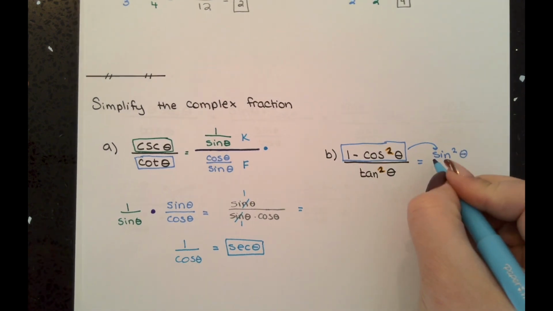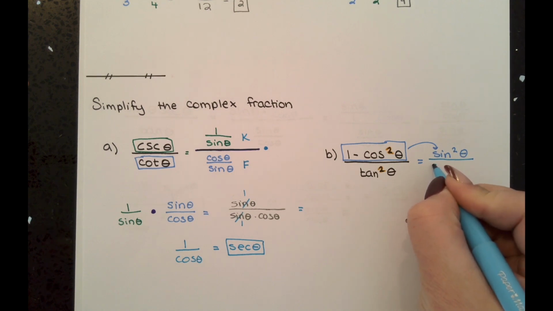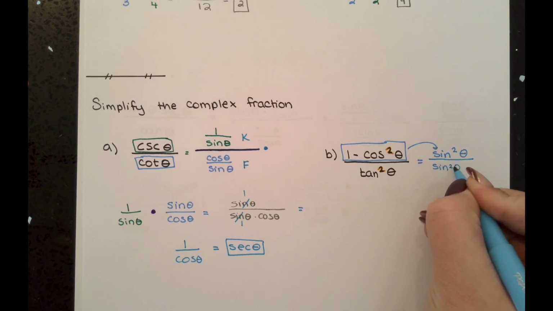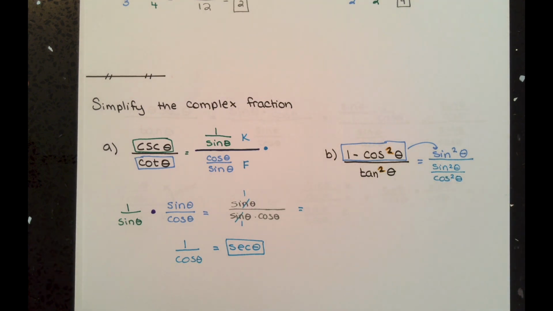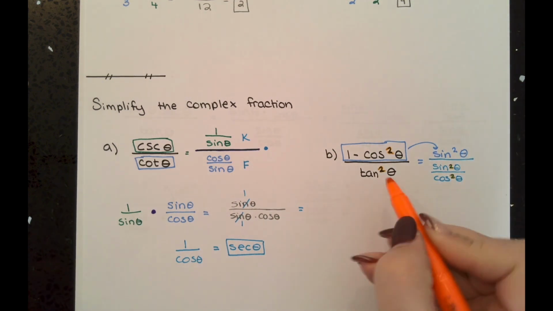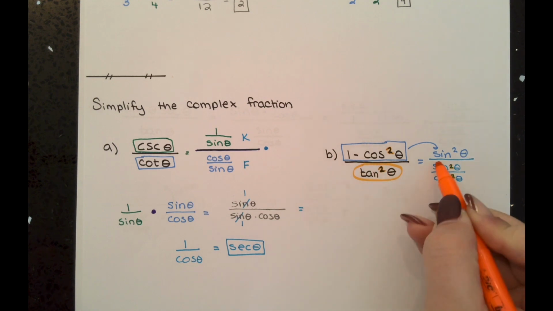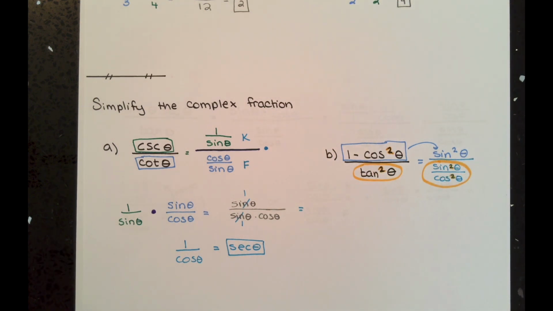Not always true, but sometimes true. Okay, so tangent is sine of theta over cosine of theta. Now notice that I kept it squared. I don't have a tangent of theta, I have a tangent squared of theta. So when you rewrite tangent, you have to rewrite tangent as sine squared of theta over cosine squared of theta.